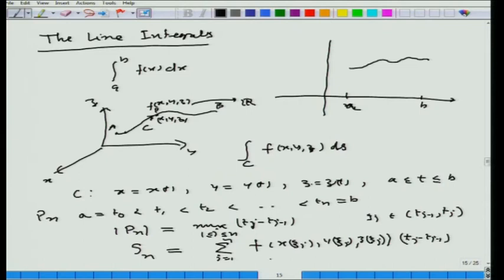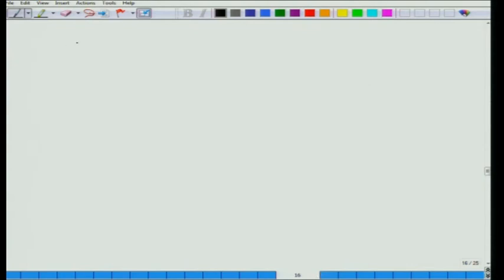Now, if this limit exists as the size of this partition, which is the largest length of the subintervals, tends to 0, then we define the limit as the integral over C of f(x, y, z) dt.